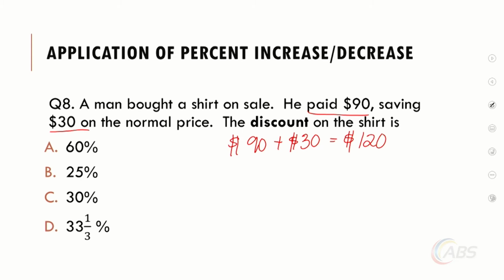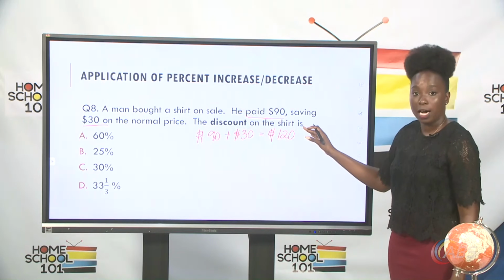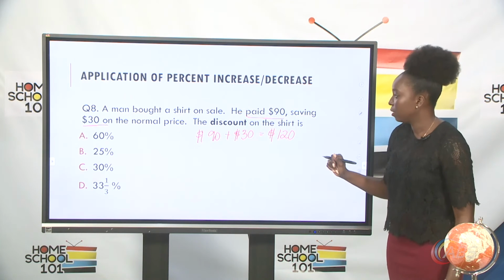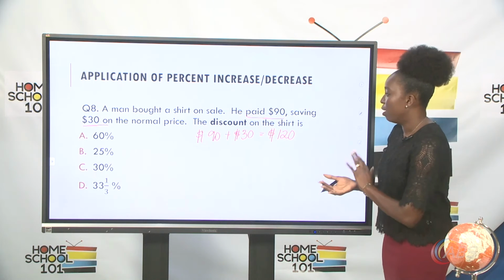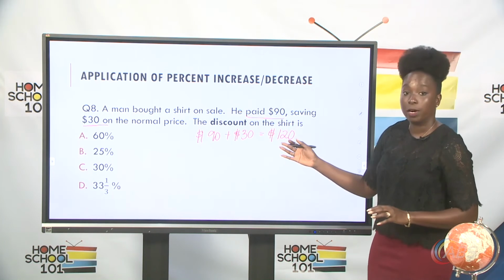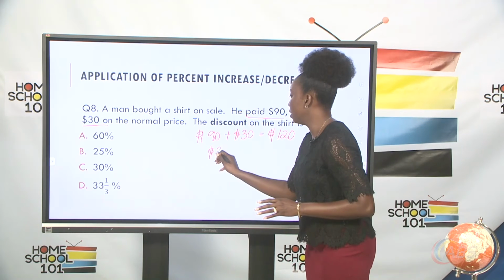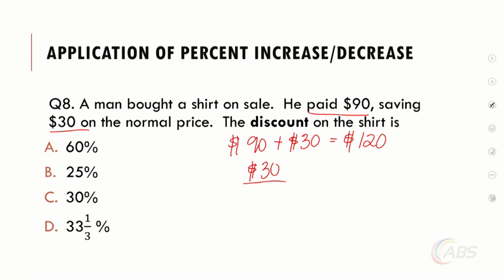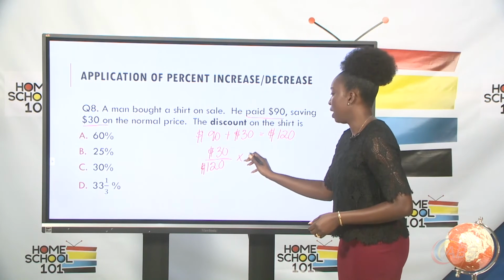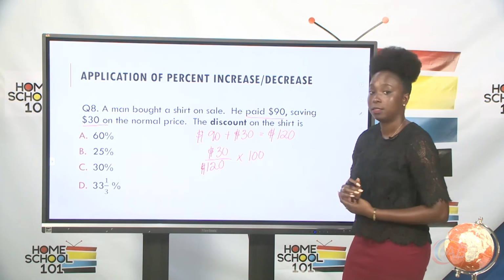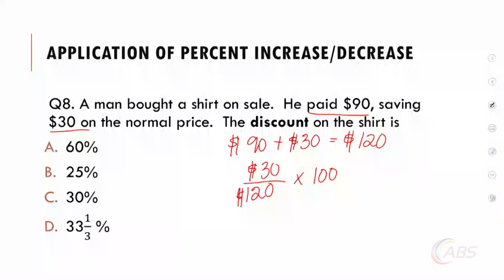So now that we have the original cost of the shirt, okay, what we'll have to do here now, he got a discount, so we're going to put that amount, which is $30, over the original cost of the shirt, which is $120. And again, to change this to a percent, we're going to multiply by 100. Okay? So, I hope I did that right.